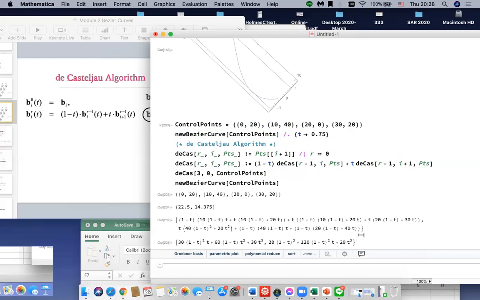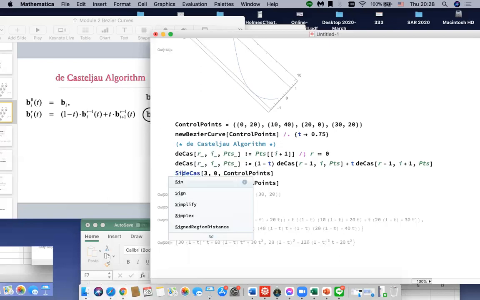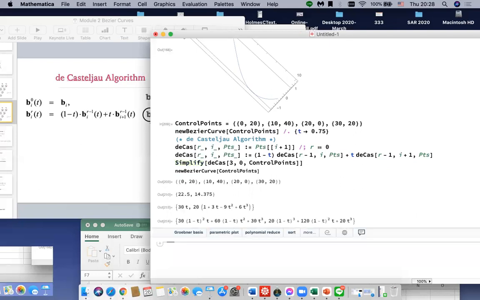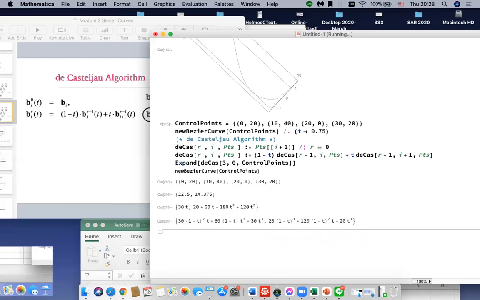Are they the same? We cannot check directly, so I will use Simplify. It's a magic function, Simplify. Or you can use Expand.